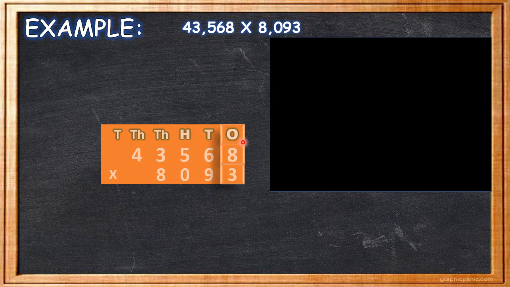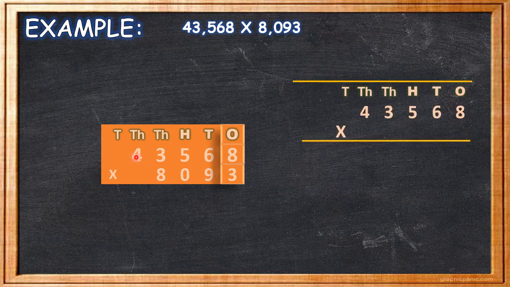Now what we have to do, we have to first multiply 3, that is the multiplicand's digit which is coming in the ones column. Okay, first we are going to multiply it with the ones column, that is 3, with all the digits of the number. Yes, children, now see how.